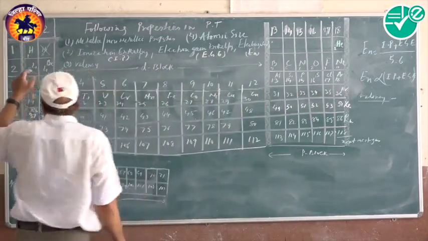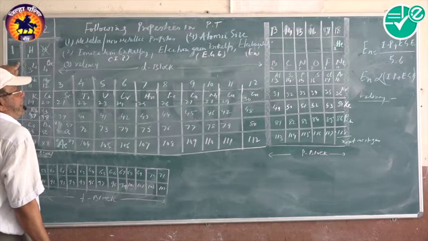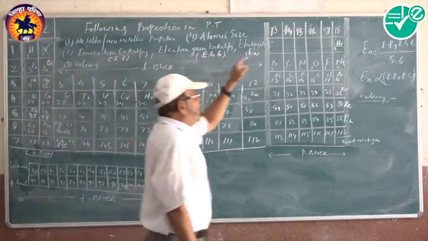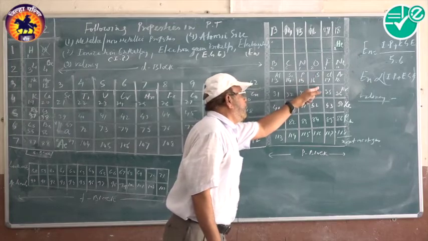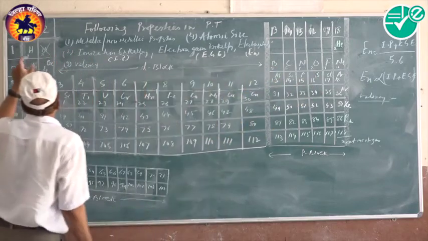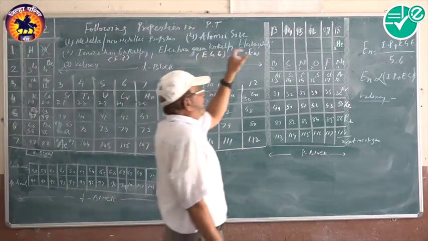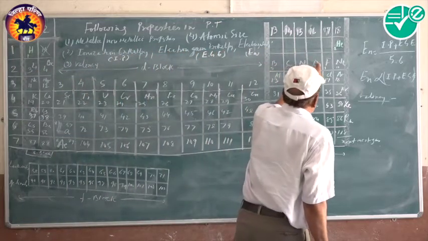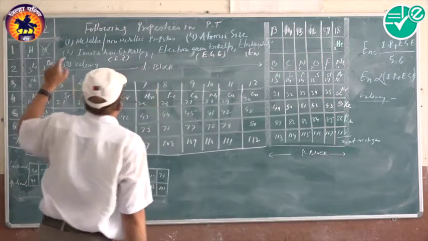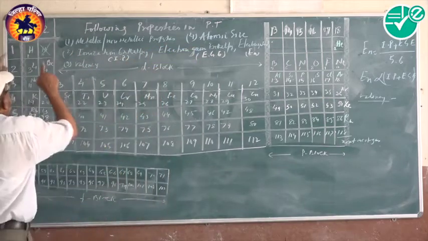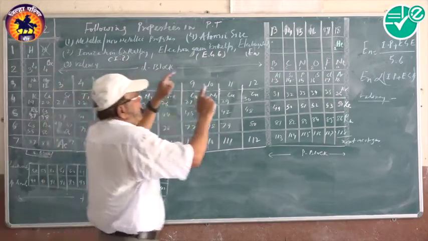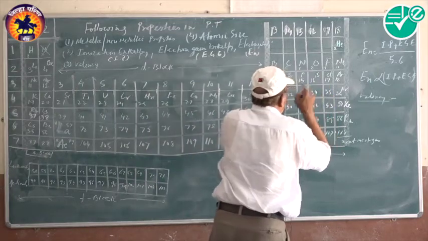As we know, the size of male is larger than female. Therefore, the atomic size of metals is higher than that of non-metals.